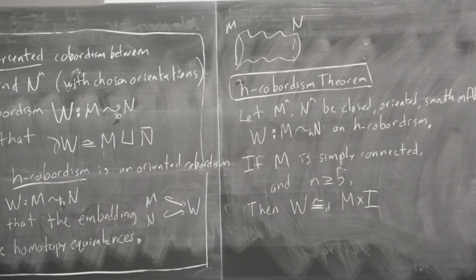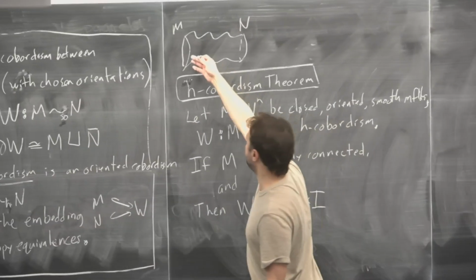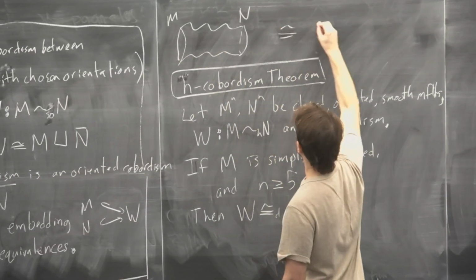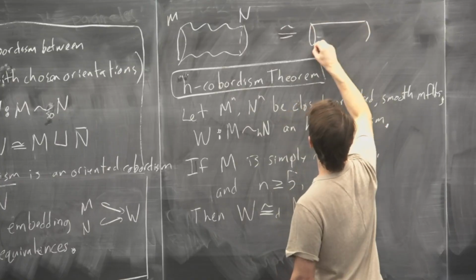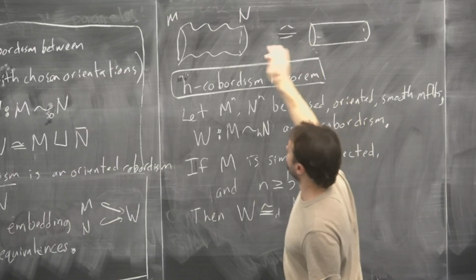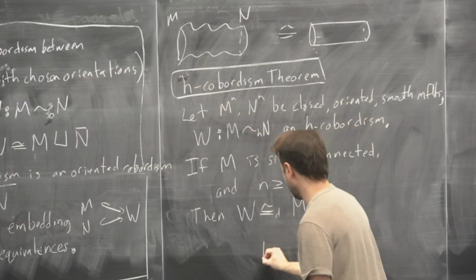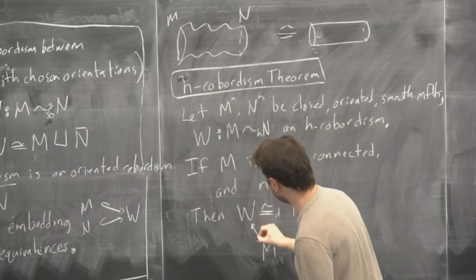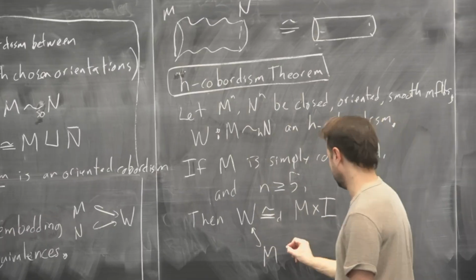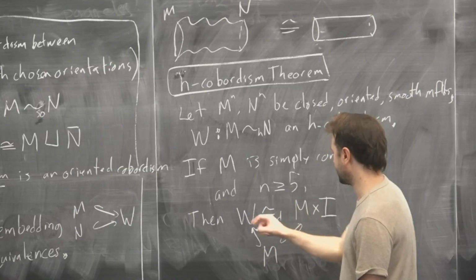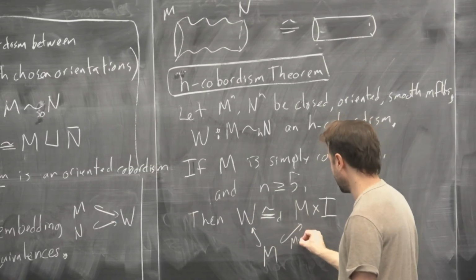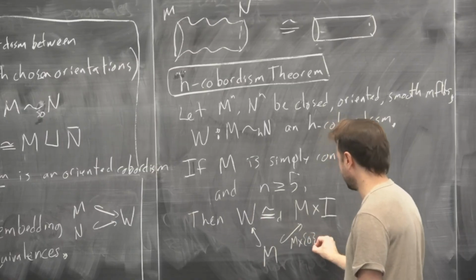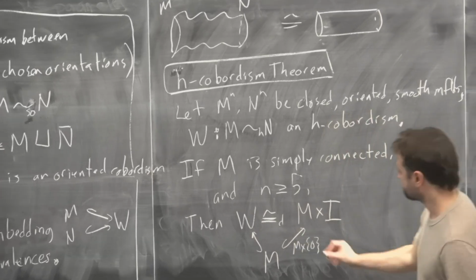And also in such a way that M is embedding into the usual cylinder, and it's also embedding into the wavy cylinder. And so this diffeomorphism can be chosen to fix M. So we have the usual embedding as a boundary component. Here we have the embedding as the zero boundary component of the cylinder.